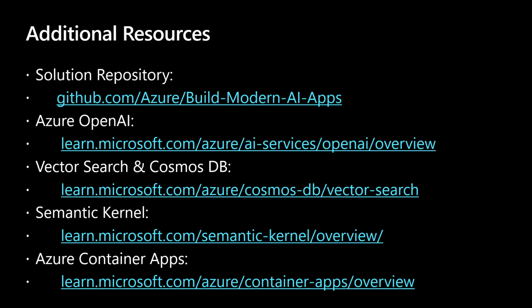Of course, the solution repository for this on GitHub, github.com/Azure/build-modern-AI-apps. Also links for Azure OpenAI, just getting started for that. We also have a page on vector search and Cosmos DB. There are multiple options for building AI apps using Cosmos.